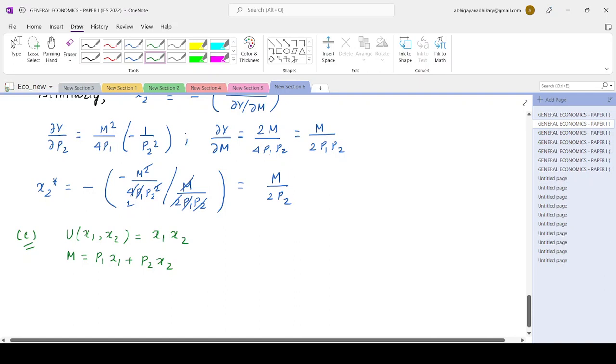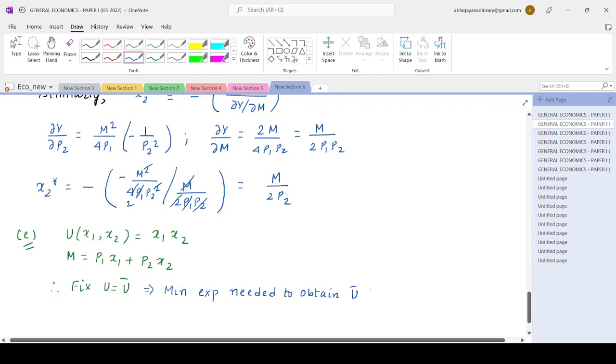So for calculating the expenditure function, we need to first obtain the Hicksian demand curves and then we'll replace them. So what's the expenditure function? It's the minimum expenditure that you need to incur to obtain a fixed level of utility. So let's say we fix u equals u bar, and we'll try to see the minimum expenditure needed to obtain u bar.